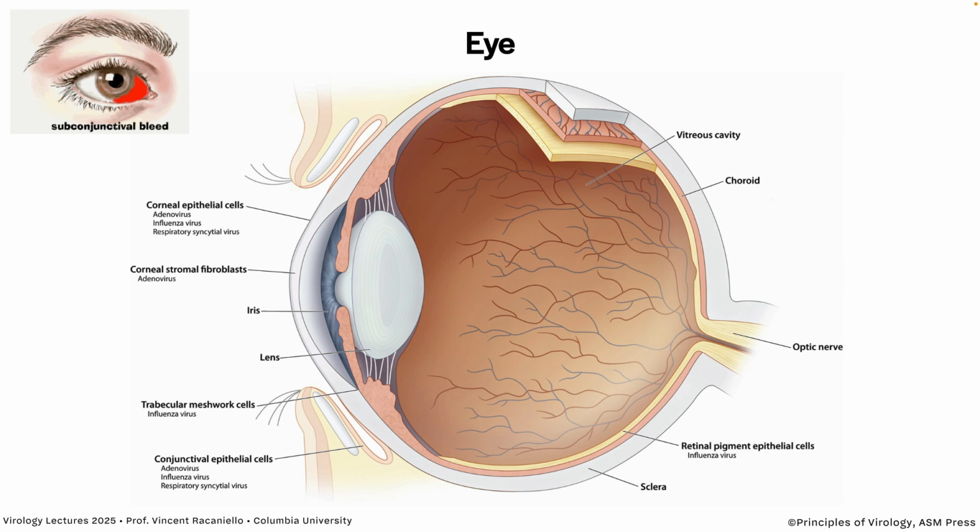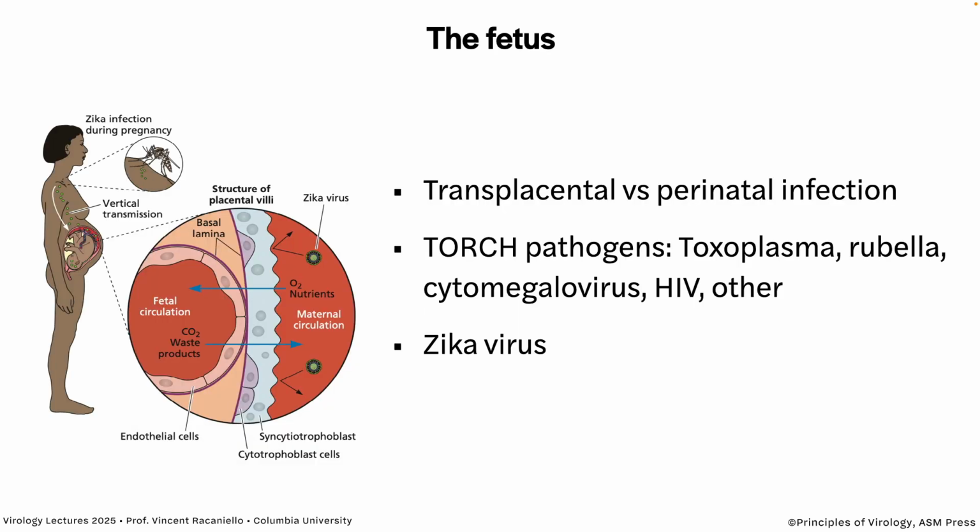You can see the viruses below that infect these different parts of the eye, and mostly on the front here, obviously. We'll talk about the vitreous cavity later on. This is a very interesting place as well. Now, if you ever have this situation where you have bleeding in your eye, that can be physical, like high blood pressure, but viruses can do that as well. They break blood vessels, and it looks very scary. All right, that's the eye.